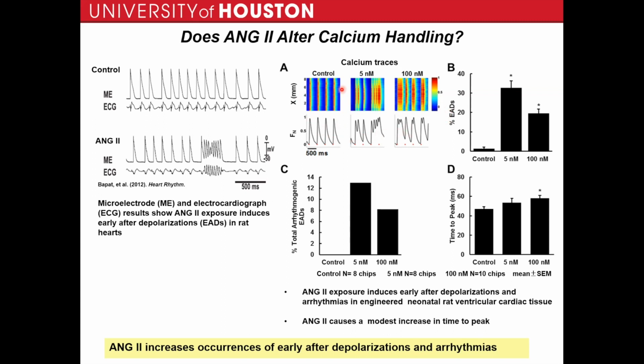Within the controls, we saw what we expected to see, nice normal peaks. But within our angiotensin II treated cells, we started to capture arrhythmic events and early afterdepolarization events. So from this study, we can say that angiotensin II treatment leads to upregulation in these early afterdepolarization arrhythmic events within our engineered cardiac tissues.